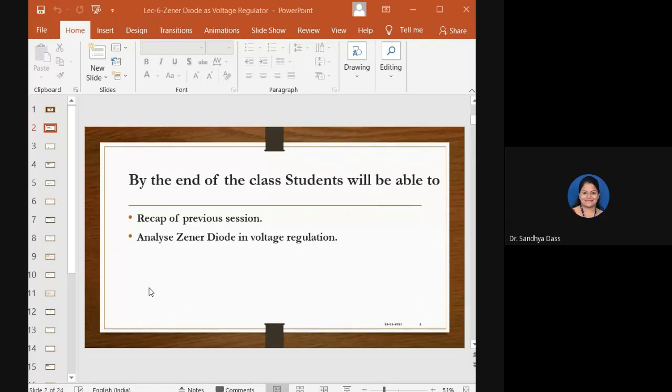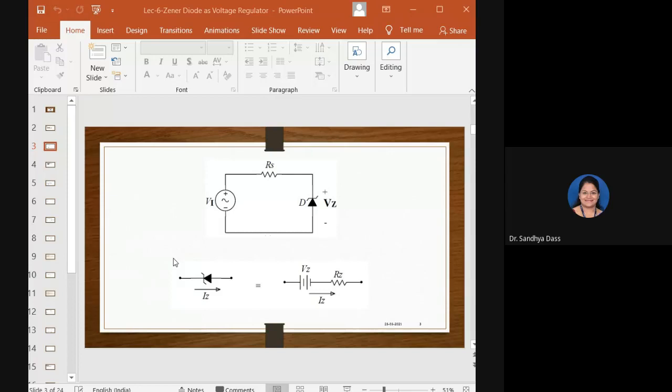Yesterday we saw the simple circuit of the Zener diode, where the Zener diode operates in the breakdown voltage region, that is, breakdown voltage Vz, and is connected to the input voltage source Vi. A load resistance, not shown here, can be connected in parallel across the Zener diode, and there is a series resistor Rs as shown.